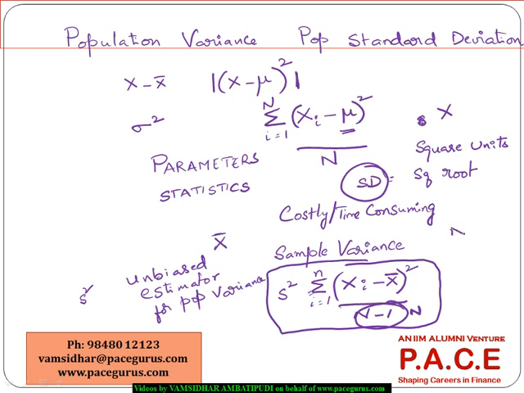The other way of talking about the same is that n-1 is called the degrees of freedom. Because I am going with a sample, the simple way to understand it is this: I have data x1, x2, and so on up to xn.